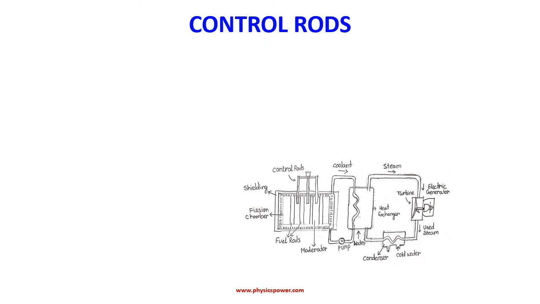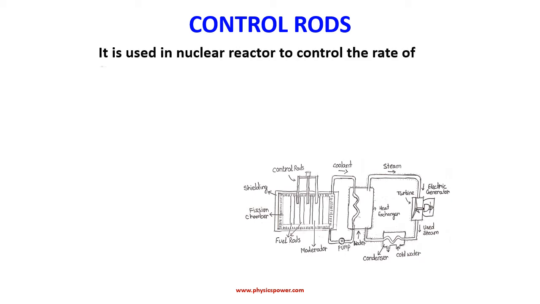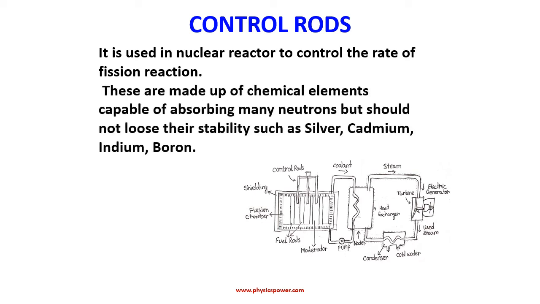Next, control rods. These are also major elements in a nuclear reactor. The function of the control rods is to control the rate of the fission reaction. They are made up of chemical elements capable of absorbing many neutrons but which should not lose their stability, such as silver, cadmium, indium, and boron.